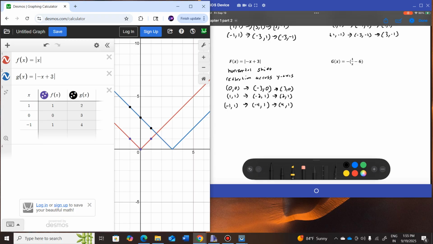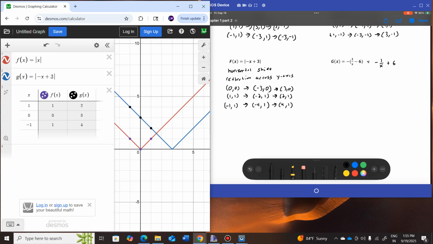Alright, so now let's look at -1/x + 6. One thing I want to do with this though is distribute the negative. It's already kind of factored out. Alright, so I'll have -1/x + 6.